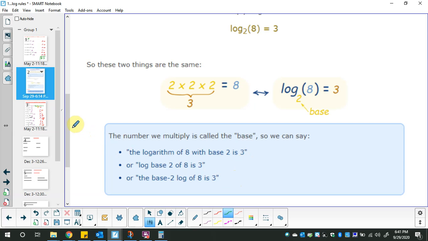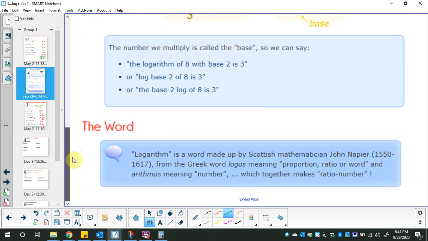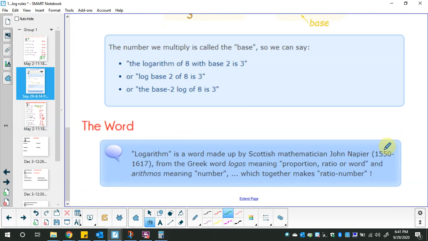And in case you are interested in the history of math, John Napier, who sounds very French, was a Scottish mathematician, and he lived in 1550 to 1617, and he made up the word logarithm, and it's stuck all the way since, I guess that would be the 16th and 17th century. It's from the Greek word logos, which means proportion, ratio, or word, and arithmos, which means number.